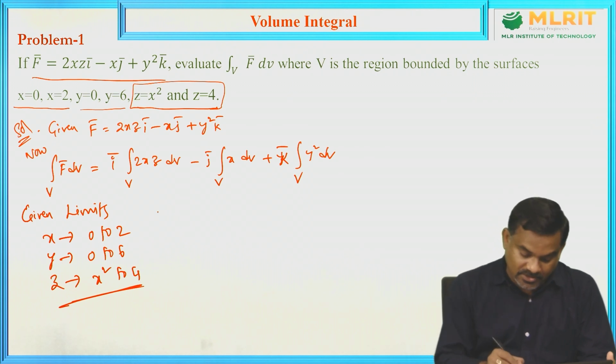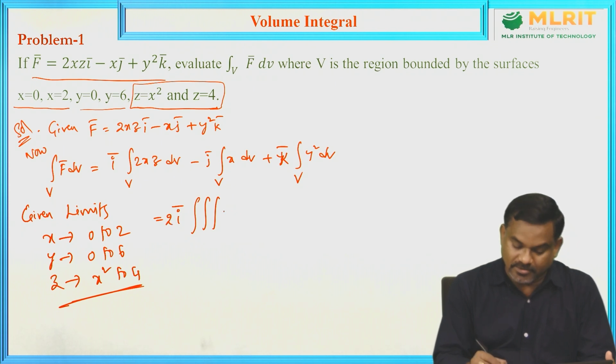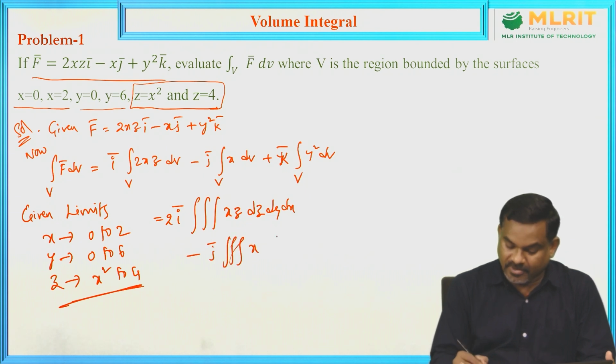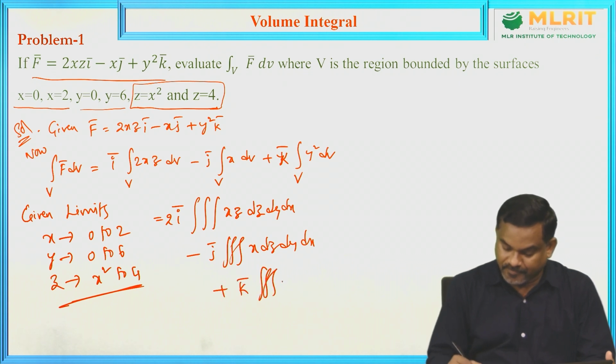So this is the same as i bar into triple integral 2xz dz first, then dy, then dx, minus j bar into triple integral x dz dy dx plus k bar into triple integral y square dz dy dx.